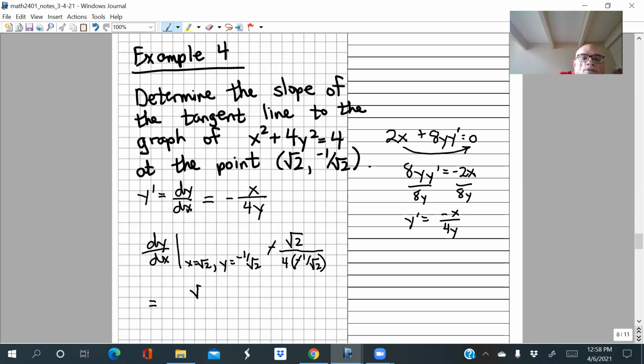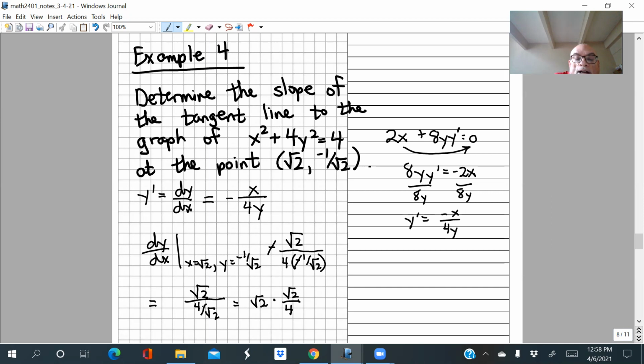So it looks like we have square root of 2 over 4 over square root of 2. Because I just multiplied the 4 into the 1 over square root of 2 in the bottom. And let's see, so this is square root of 2 times the square root of 2 over 4, because I'm just going to invert this fraction and multiply.